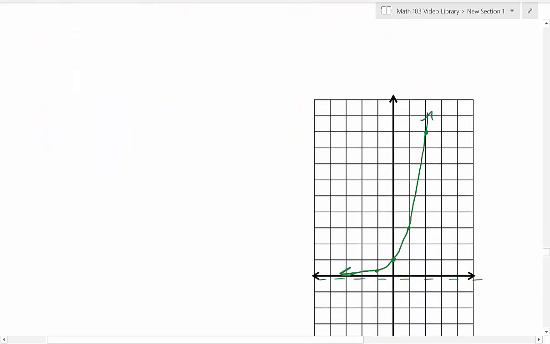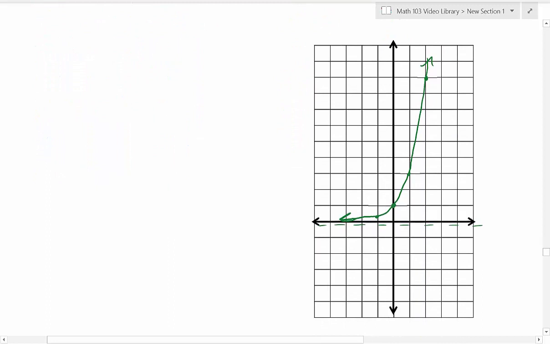Before I plot these points, I want to talk about what happens to our horizontal asymptote when we have a reflection about the y-axis. Does that asymptote move? Well, when reflecting about the y-axis, everything on the left side moves to the right, and everything on the right side moves to the left. So this left side of our horizontal asymptote is just going to flip over and be on the right side.